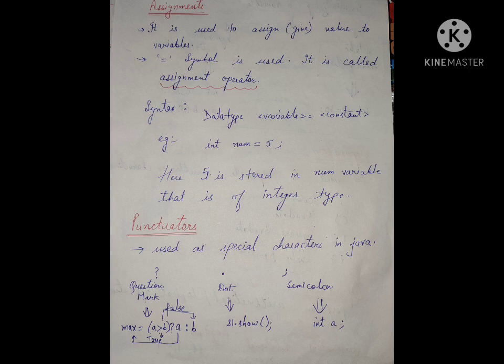If it is false, then the value of b is assigned to the max variable. The dot punctuator is used to represent the scope of the function. Here s1.show method belongs to the object s1. Semicolon is used in a Java program as a terminator. It specifies the end of the statement.